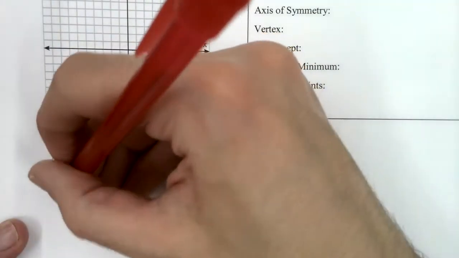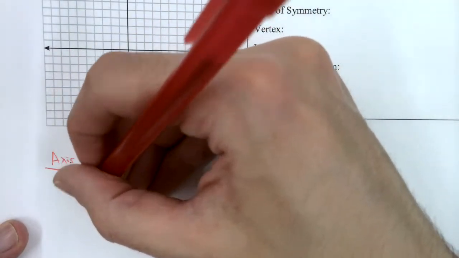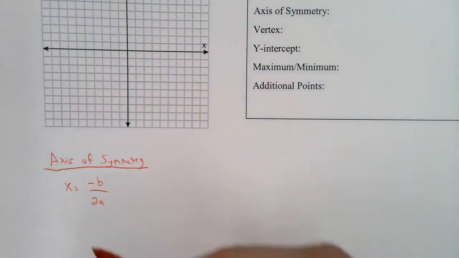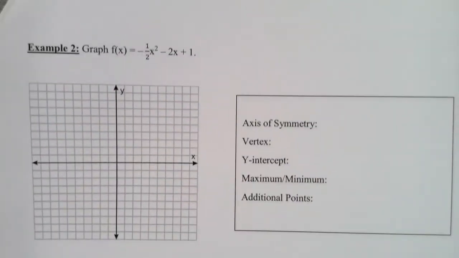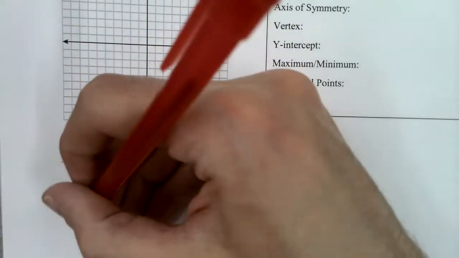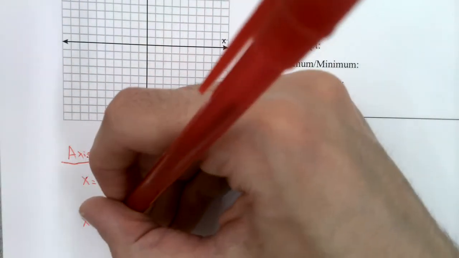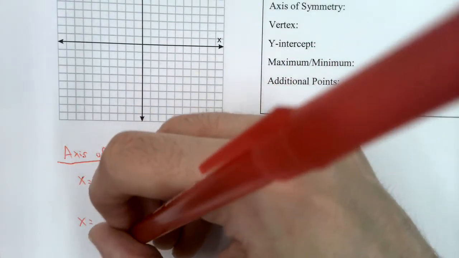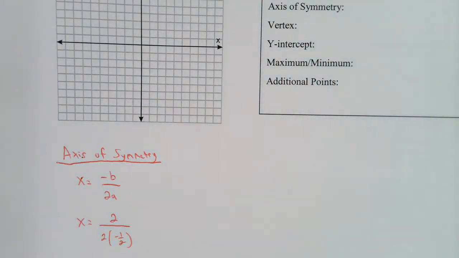Axis of symmetry, the formula or the equation is x equals negative b divided by 2a, or x equals opposite of b. Opposite of negative 2 is positive 2, divided by 2 times a. A is negative 1/2.